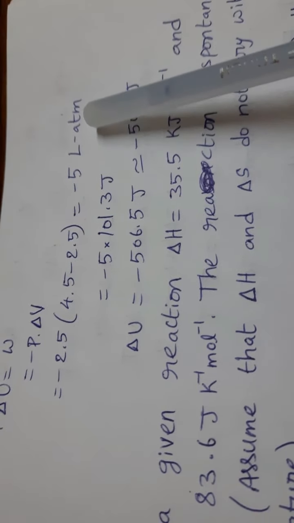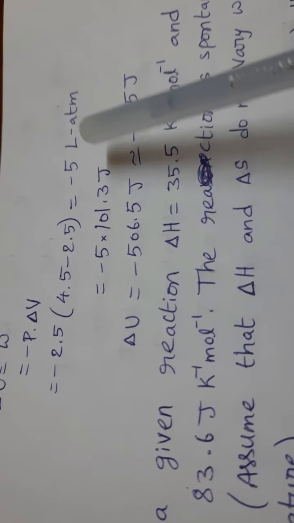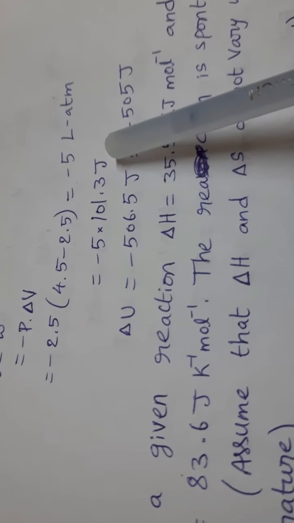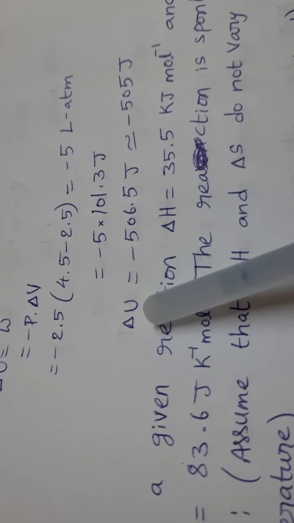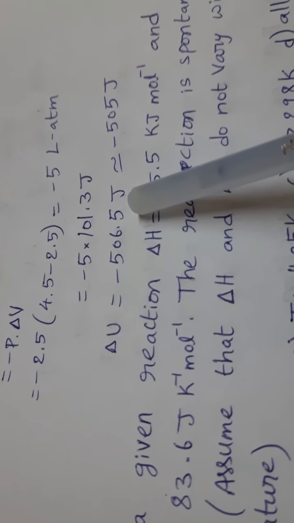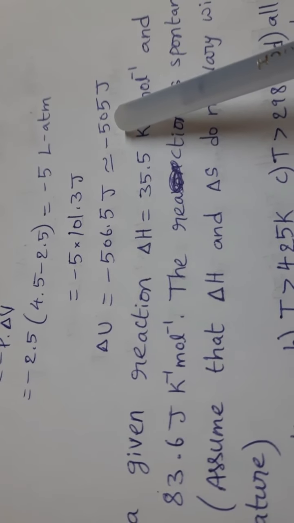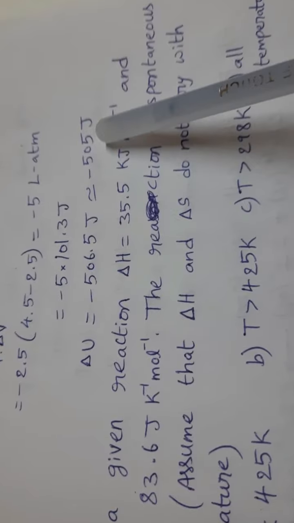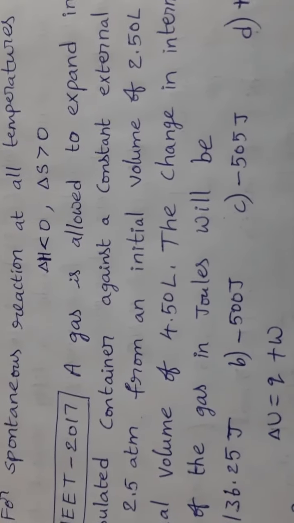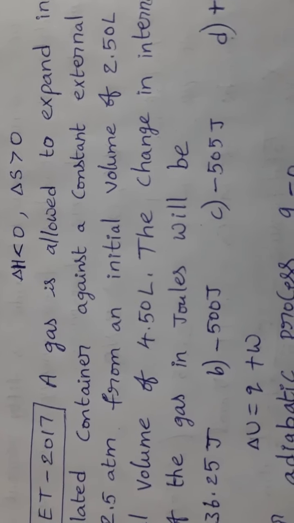This liter atmosphere is converted to joules by multiplying with 101.3 joules. Then we get change in internal energy equal to minus 506.5 joules or nearly minus 505 joules. So what is the suitable option? Option C is the answer.